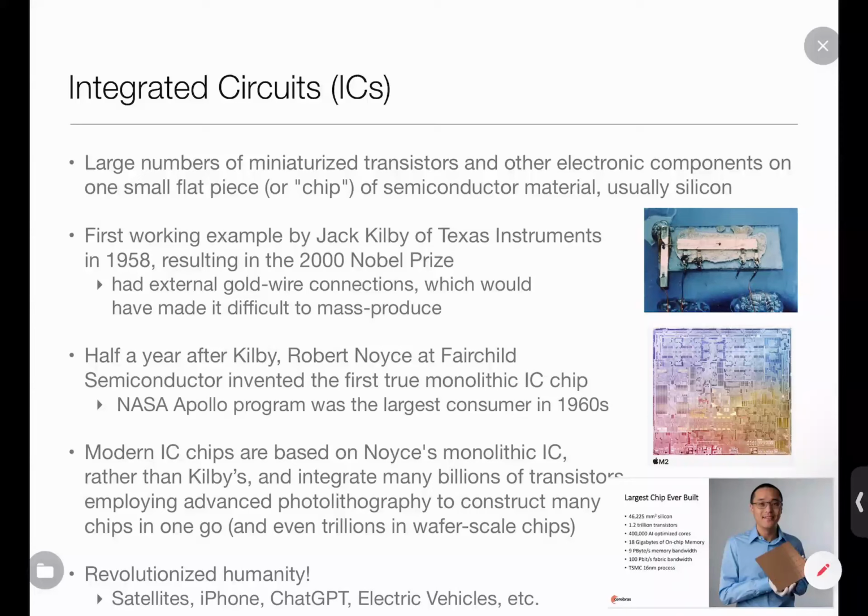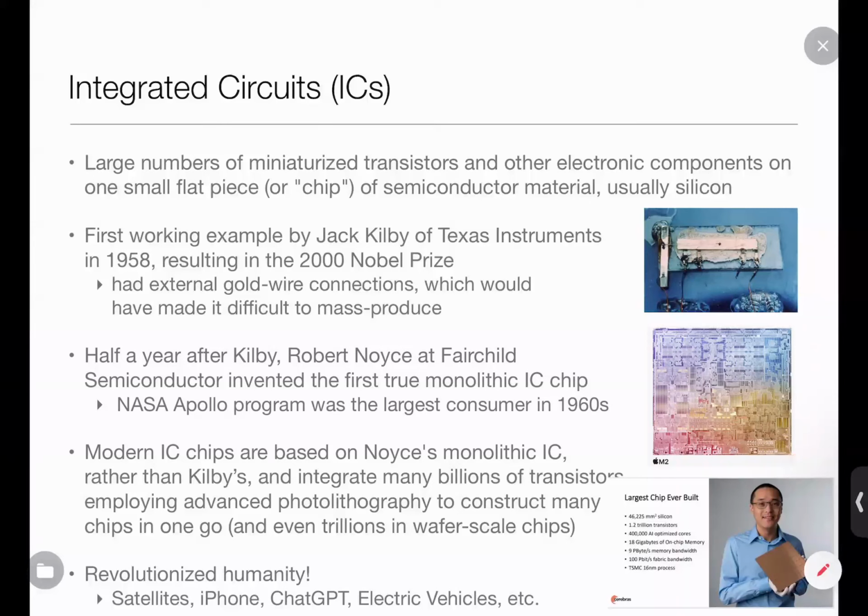You are not making a transistor at a time. You are making all the transistors on a chip in a single go. And what that has translated into is that we can really make huge chips. So you see out here Apple's M2 chip. I think it has 8 billion transistors or something like that.